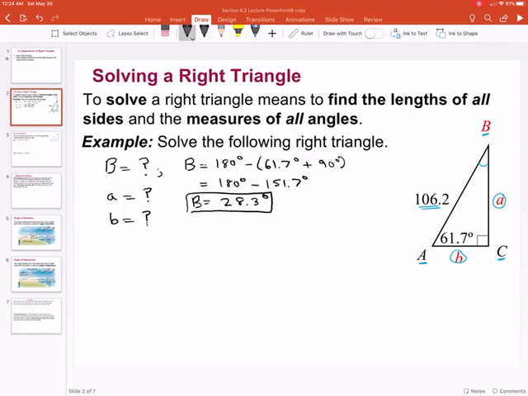Now let's look at finding side a. In side a, we're looking at the side opposite angle A. To find that, we're going to have to introduce some trigonometry. What can we use based off what we're given? What trig function can we use to find side a?